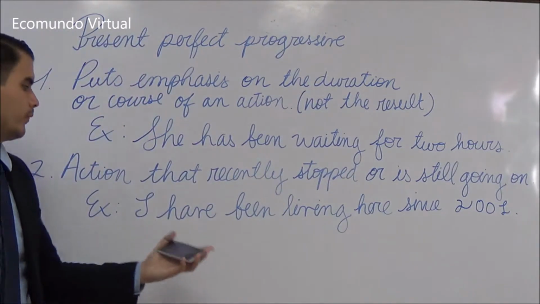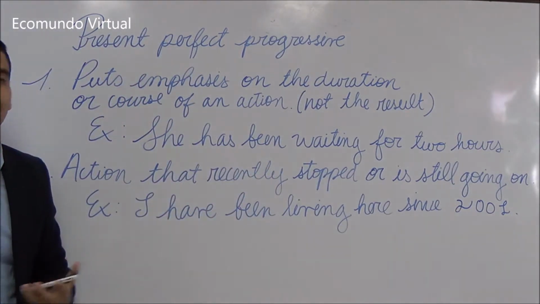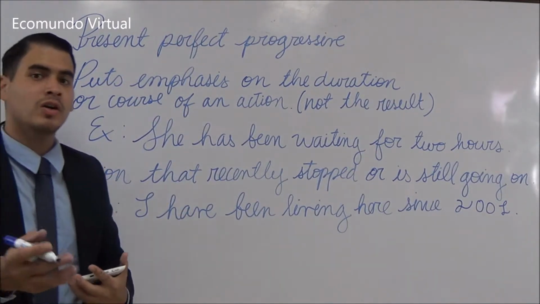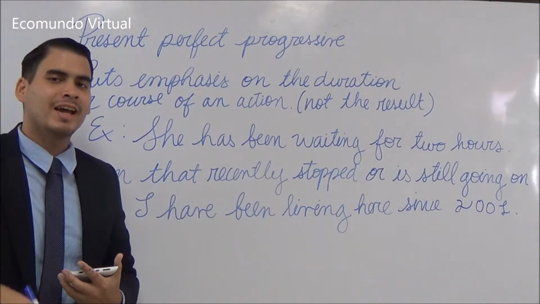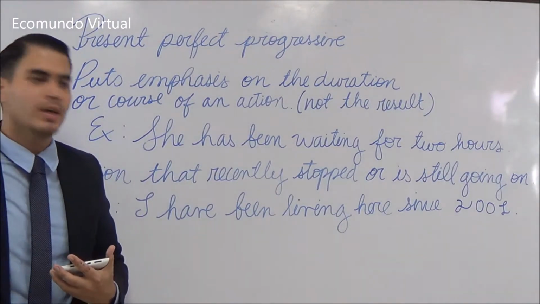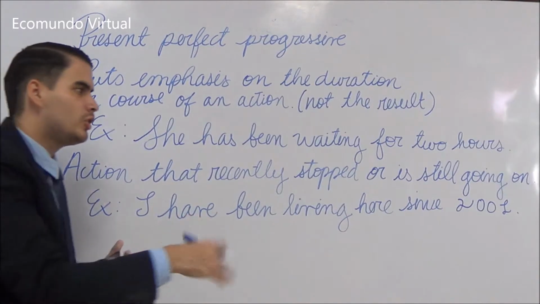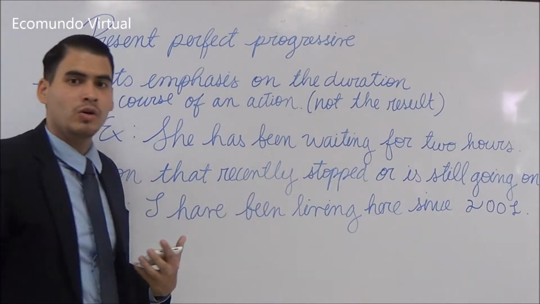Now, look at the example. I have been living here since 2001. It means that the person came here many years ago, which is in the past. But the action is not finished actually, because the person is still living here. So the action starts in the past and continues into the present and into the future.